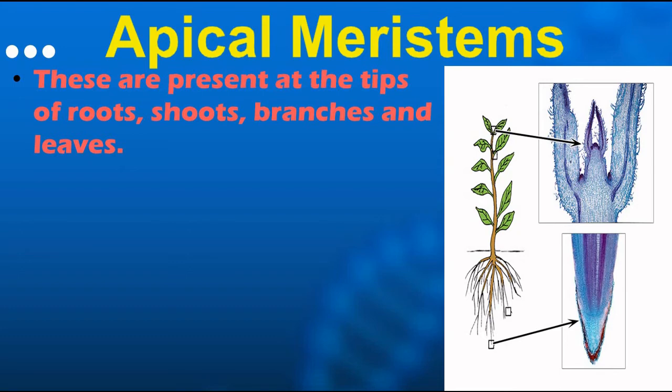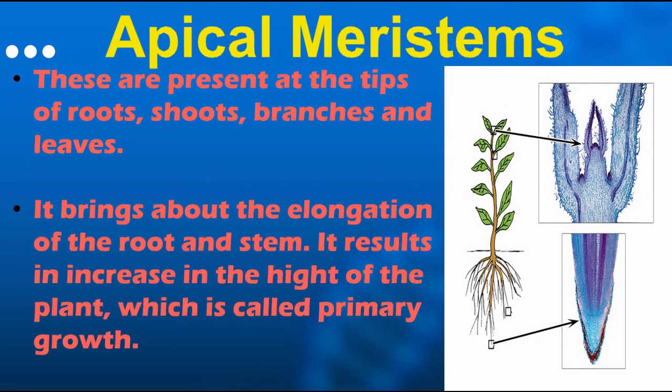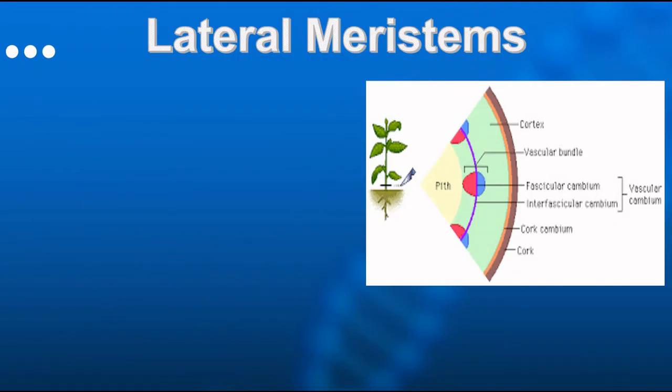The second point is that it brings about the elongation of the root and stem. It results in an increase in the height of the plant, which is called primary growth. Primary growth is nothing but the elongation of the roots and stem due to the apical meristem present in them.